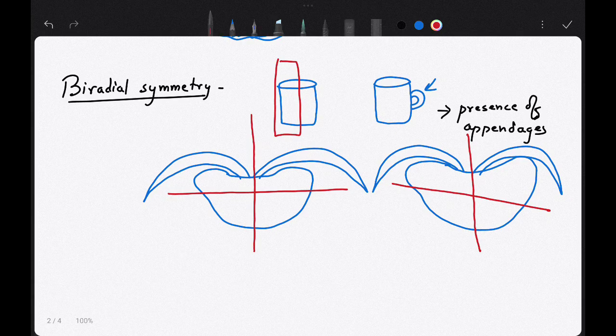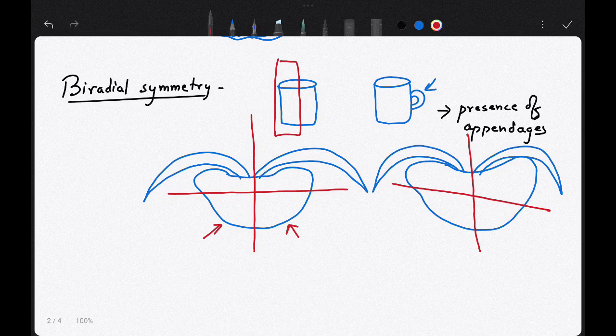The upper portion will look similar to the lower portion, or the left portion will look similar to the right portion.